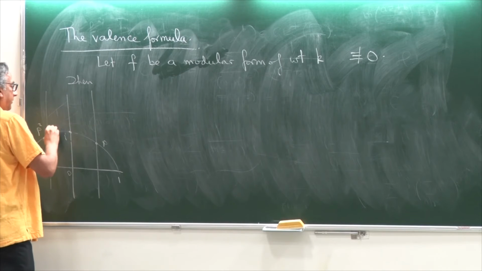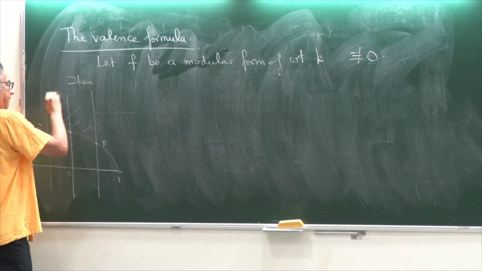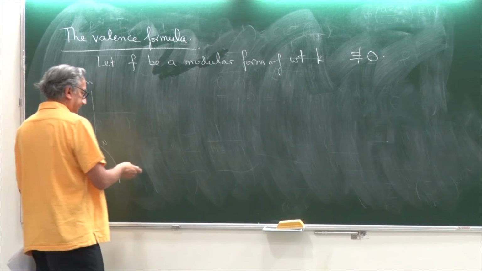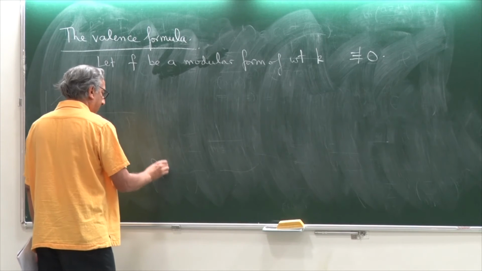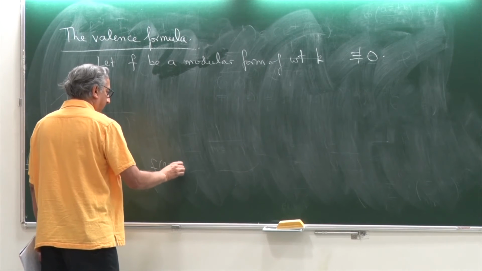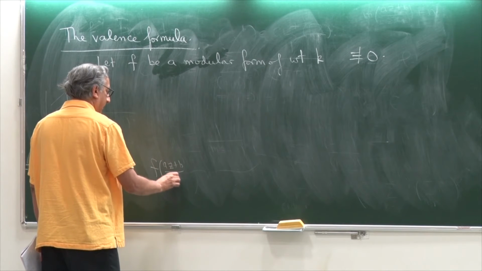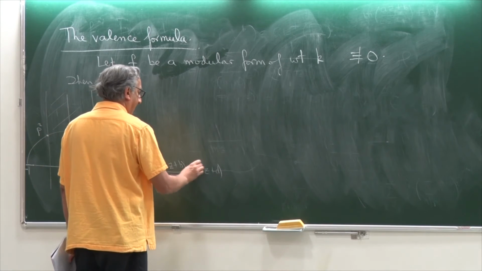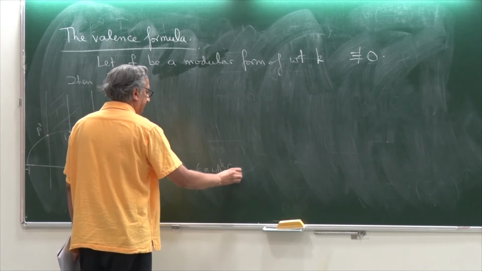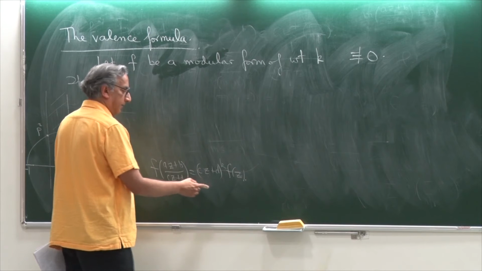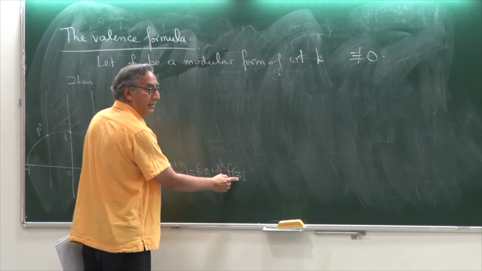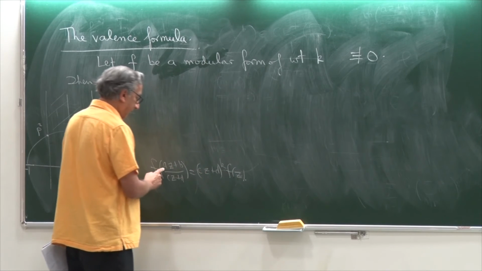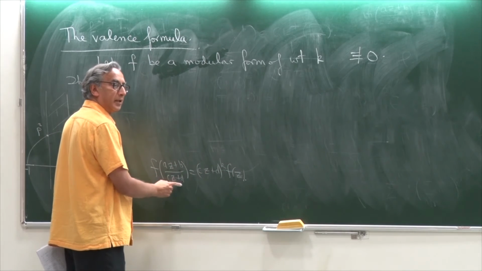This is our standard fundamental domain, and since f of (az plus b) over (cz plus d) is (cz plus d) to the k f of z, we see that if f of z naught is 0, so is f of (az naught plus b) over (cz naught plus d).